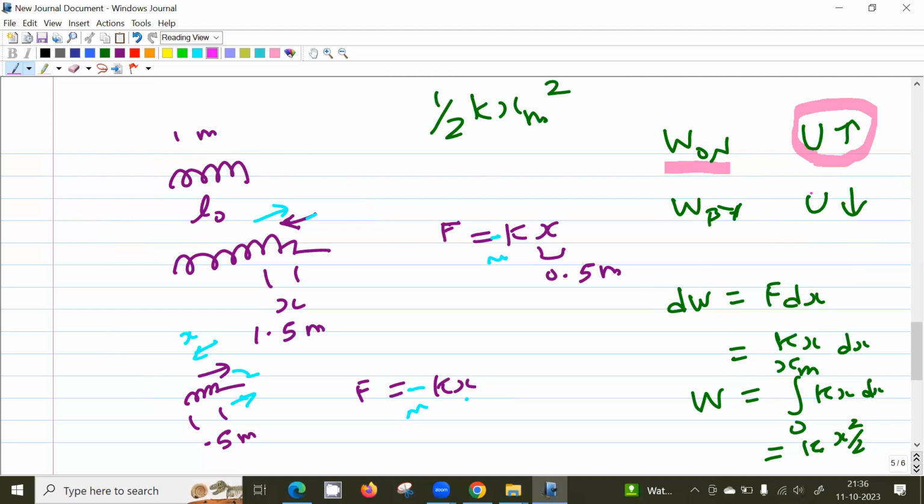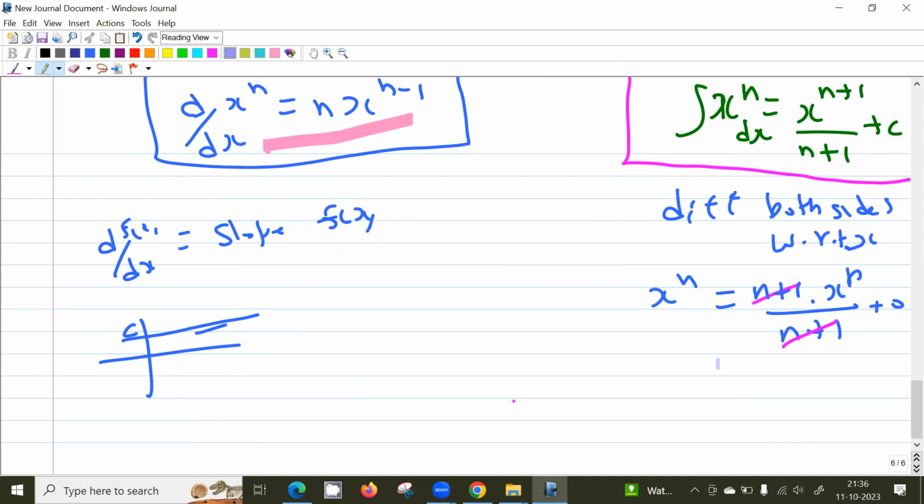So using that thing, I can integrate this one. k is a constant. Another thing you have to remember is the derivative of some constant, say a number, into f of x with respect to x. The number will come out.